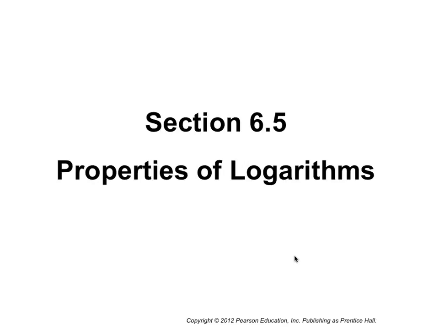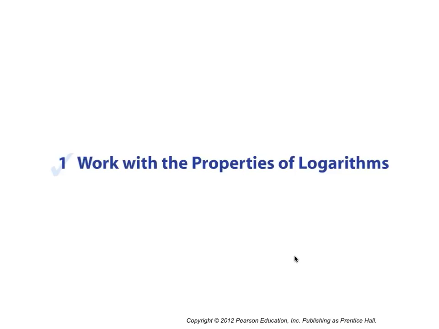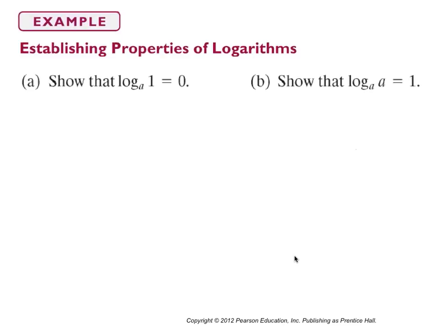Okay, so let's move on to section 6.5, which talks about some of the properties of logarithms. So let's establish a couple of nice properties first. The first is going to be that log base a of 1 equals 0, and this one's pretty easy. Let's pretend like we don't know that it's 0, let's say y equals log base a of 1. What we can do is change this into an exponential equation.